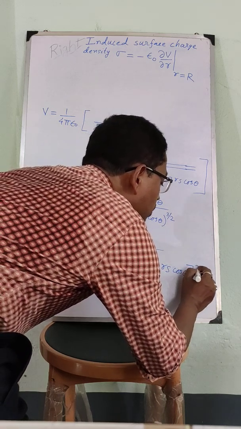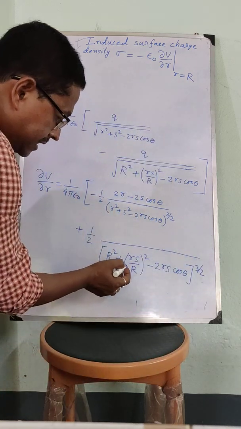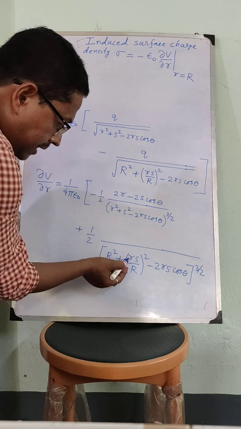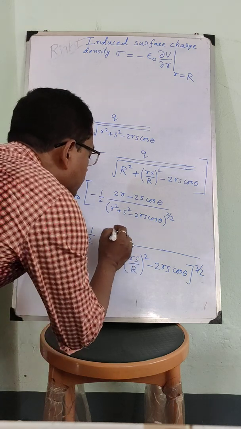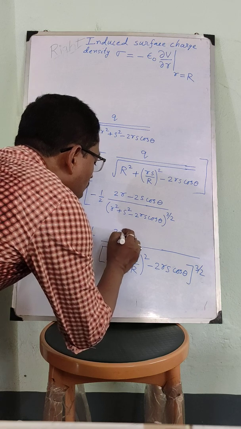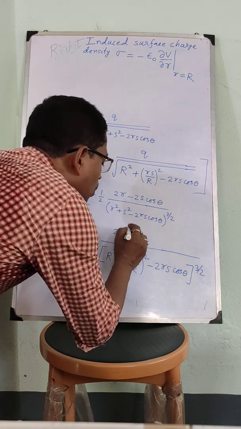This will be to the power 3 by 2. Then I have to differentiate this term. See, here I will have 2r, then s by R whole square.